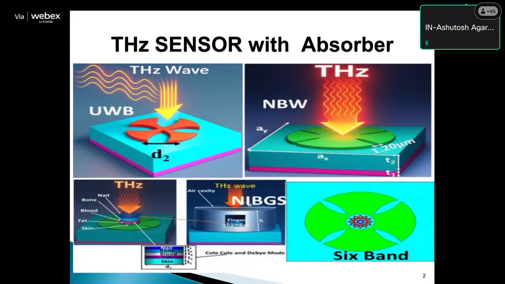Yes, sir. Now in this particular slide, you will see that we have shown some structures with different materials at some particular frequency, and then we will see the behavior maybe in micrometers.